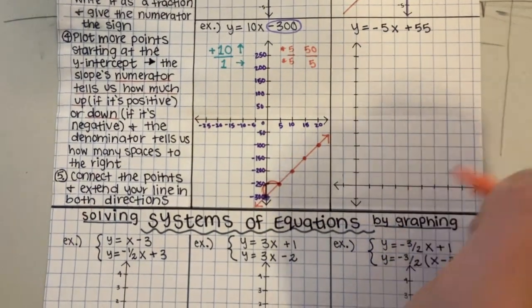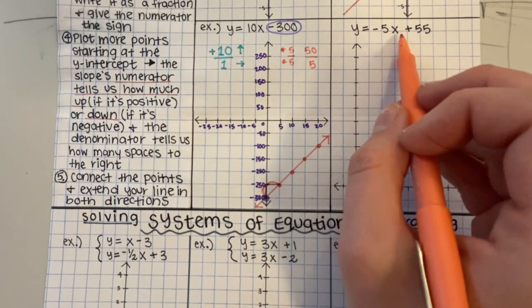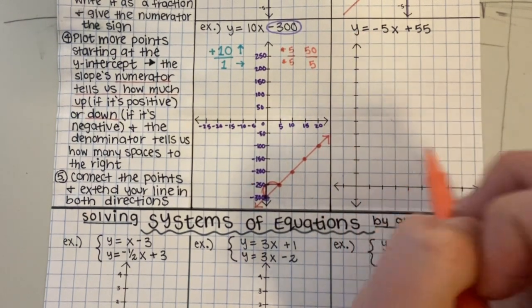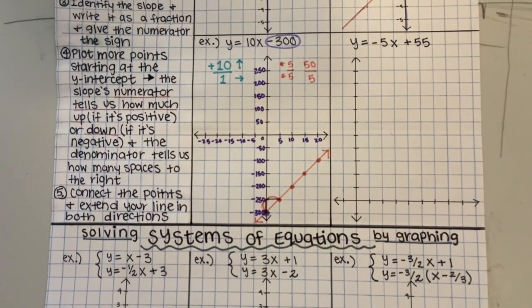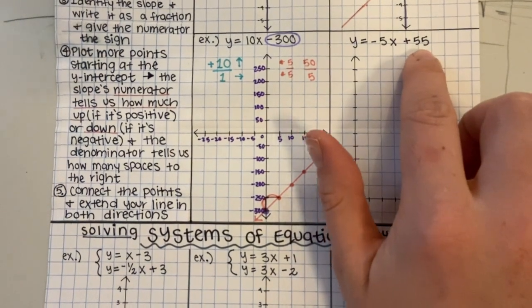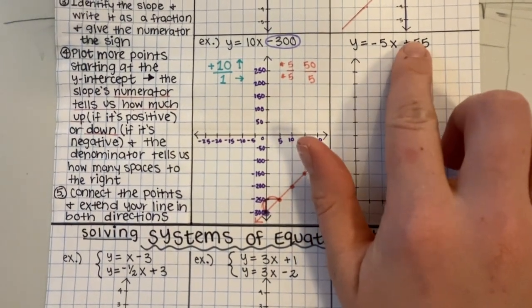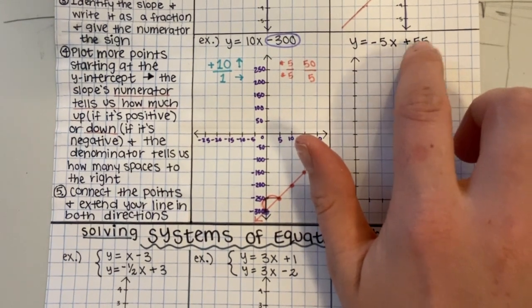Then we have another equation over here. So this equation says y equals negative 5x plus 55. So again, this one's going to make us think about our first step in particular. That's a little bit different, is my starting point is 55. And in this scenario, this 55 represents how much money is in a lunch account.